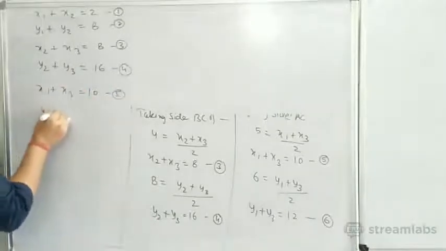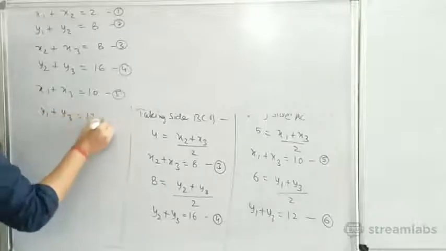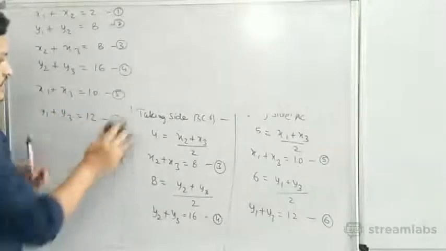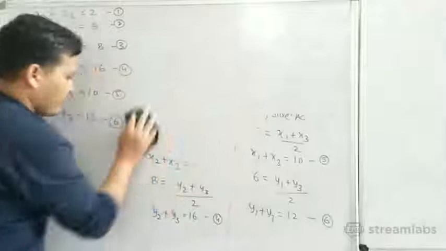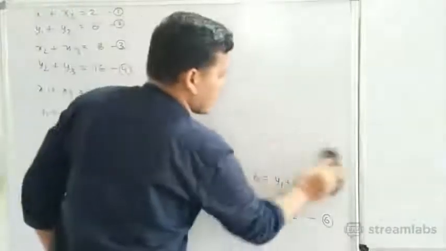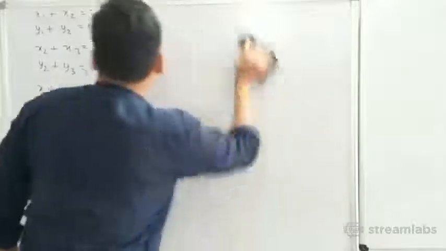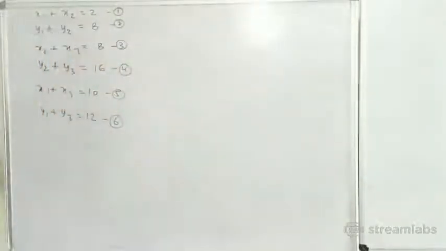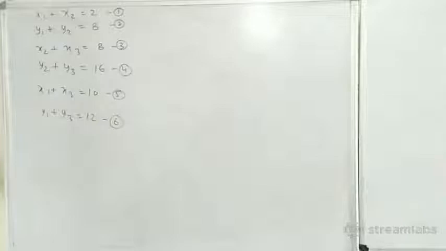Next, y1 plus y3 is equal to 12, equation number six. These are the six equations we calculated, and with their help we calculate the values of x1, y1, x2, y2, x3, y3. Can you suggest how we can solve these six equations? How can we find the relation, and calculate the values of x1, y1, x2, y2?